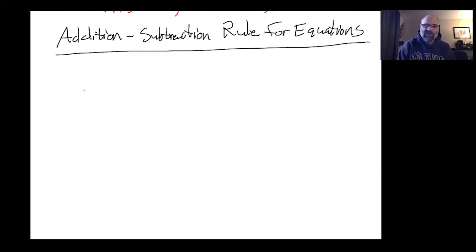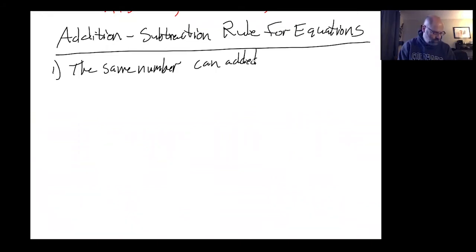Addition subtraction rule for equations. Here's the deal. You can basically add the same thing to both sides of an equation. It doesn't change it. Okay, so write this down. The same number can be added or subtracted. I'm going to just do it all in one.